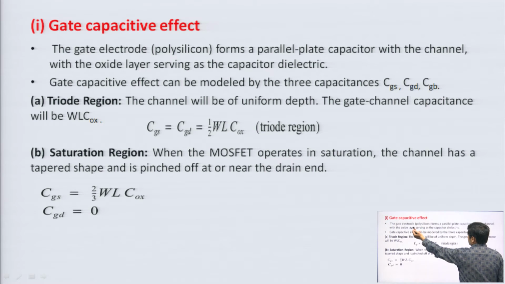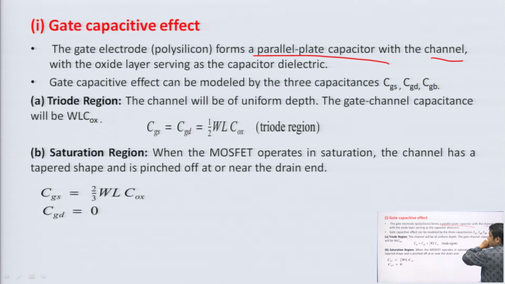The gate electrode forms a parallel plate capacitor with the channel. Like in a BJT, where two regions act as parallel plates, and in between the depletion region acts as a dielectric.